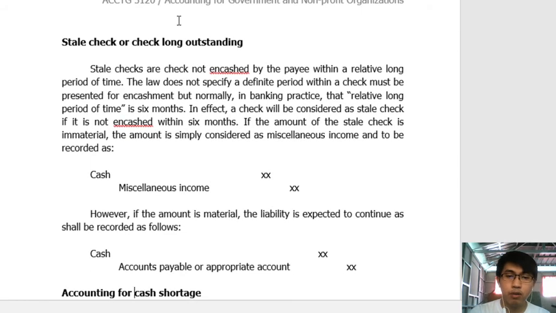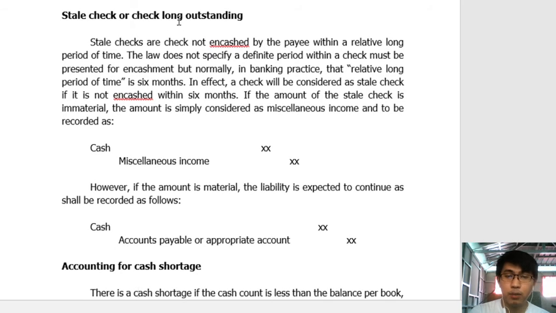However, kapag yung amount naman ay material, the liability is expected to continue. So, you restore your cash, you debit cash, and then you credit your accounts payable or any appropriate liability account. So, may liability ka pa rin diyan. So, pwede siyang manghingi ng replacement check if it is material.